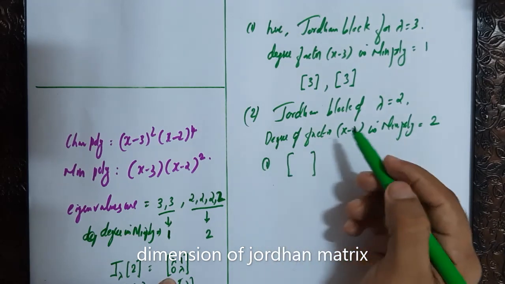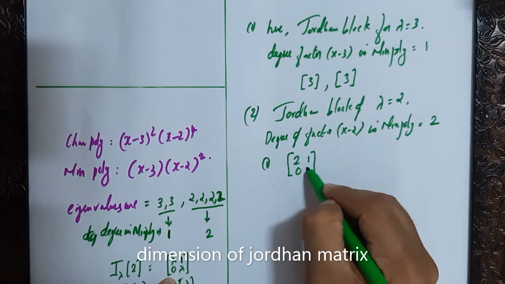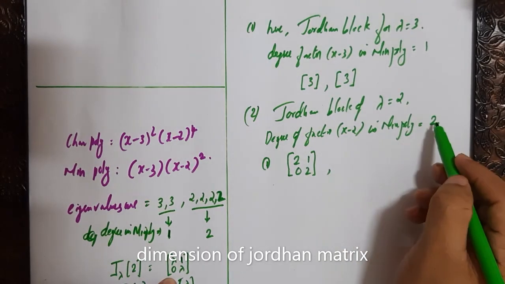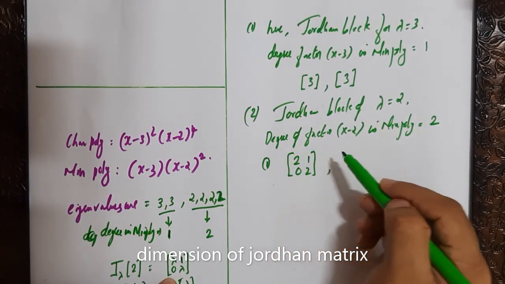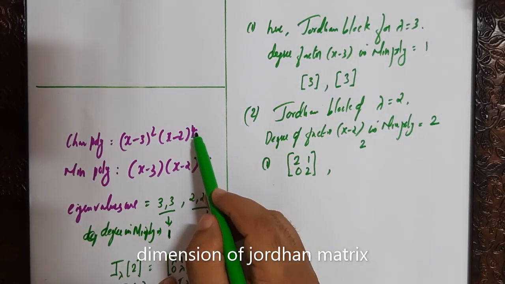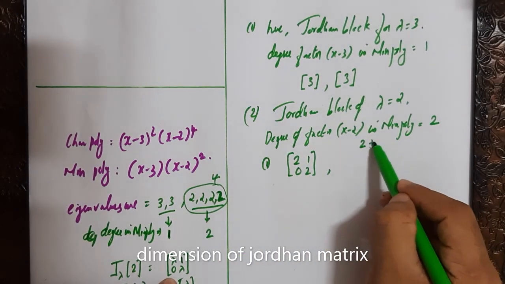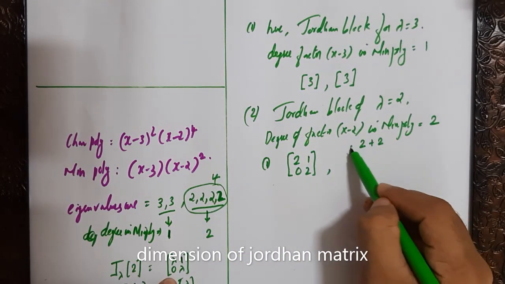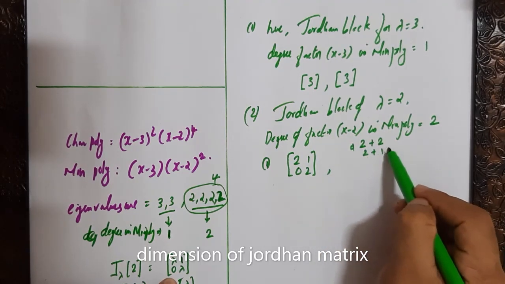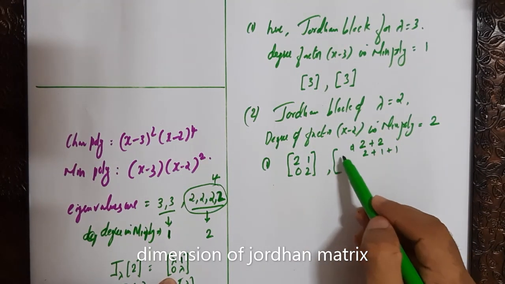So the first one is a block of dimension 2, with 2, 1, 0, 2, and the other blocks must be, since 2 is the maximum dimension, at most 2. We have how many eigenvalues? 4. Therefore the other block must be either a block of 2, or 1 plus 1. So the first is 2 and the other block may be 2.